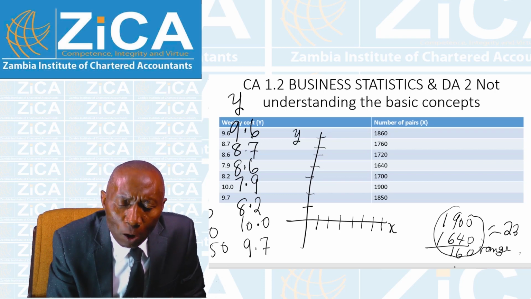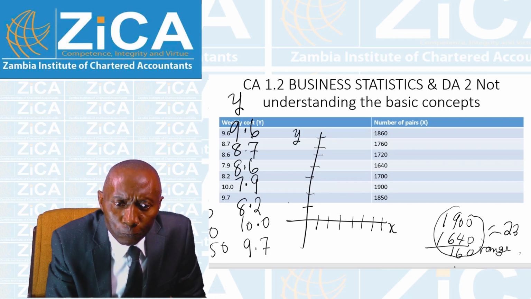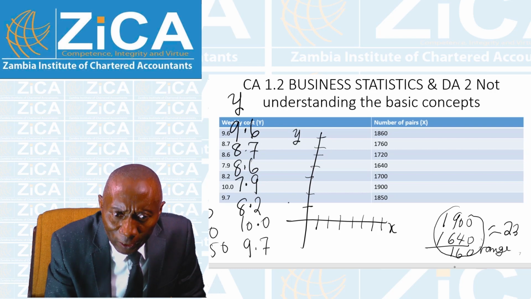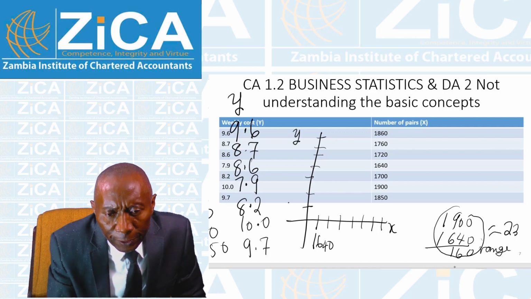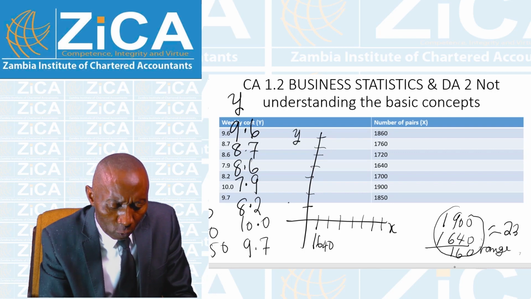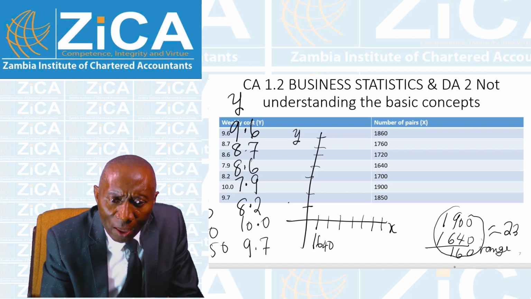So you can start now with the smallest number for the x-axis, which is 1,640. Then you add on this number 23. So the next number will be 1,640 plus 23, which will give you 1,663.